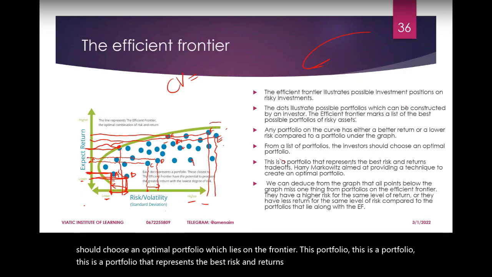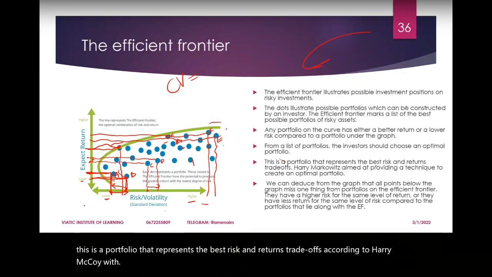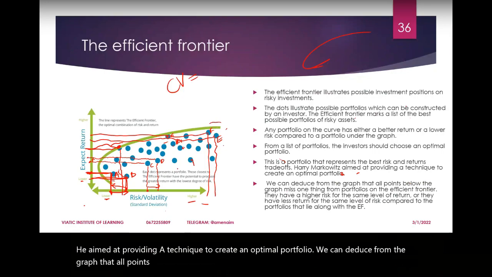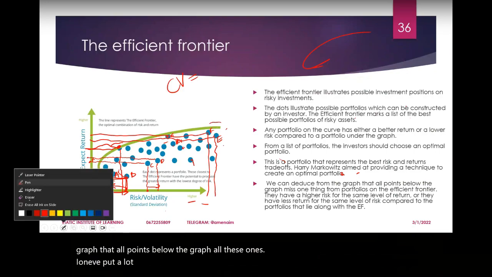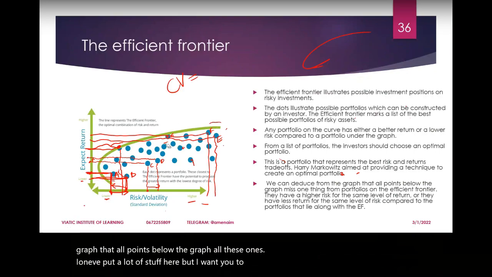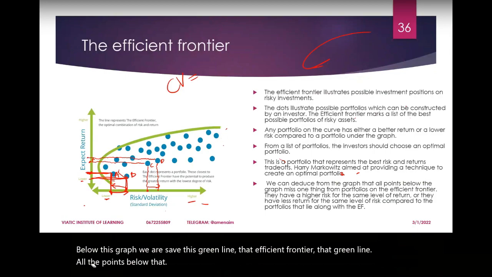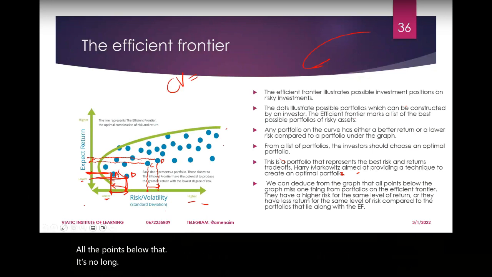According to Harry Markowitz, he aimed at providing a technique to create an optimal portfolio. We can deduce from the graph that all points below the graph, I've put a lot of stuff here, but I want you to realize that all points below this green line, that efficient frontier, are no longer able to clear the other ones.